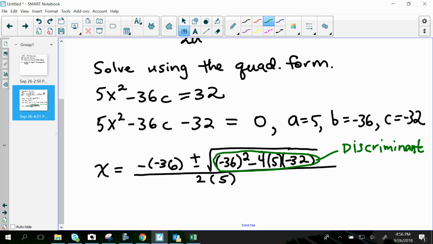If it's a positive non-perfect square, it'll be 2 real answers still, but they will be irrational, meaning that the square root won't go away. And if we have 0 for the discriminant, this plus minus part, which usually gives us 2 answers, will disappear, since we'll have just the square root of 0, which is 0, and anything plus 0 is just itself, so it reduces everything down to 1 answer, which is considered a double solution.